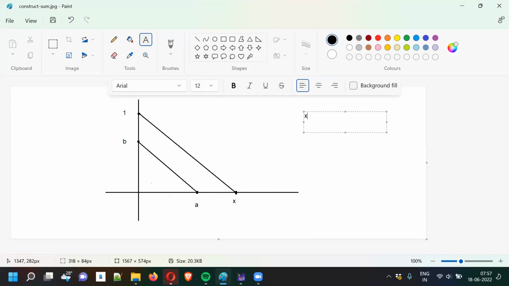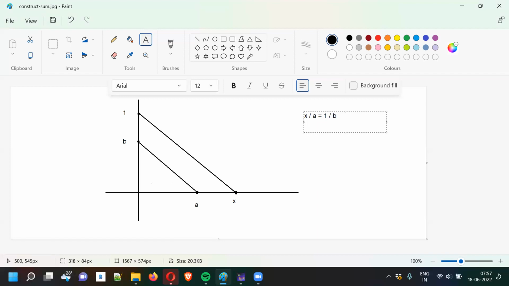So x by a by similarity should be equal to, sorry, 1 by b. Yeah, that was the difference. x by a is equal to 1 by b, by similarity, comparing the larger triangle with the smaller triangle. x by a is equal to 1 by b.